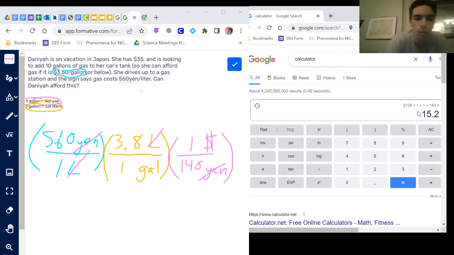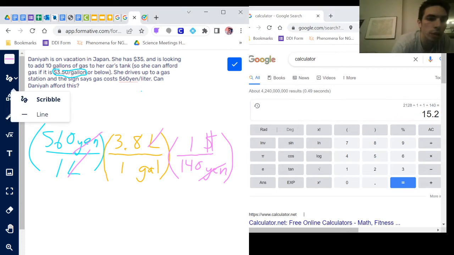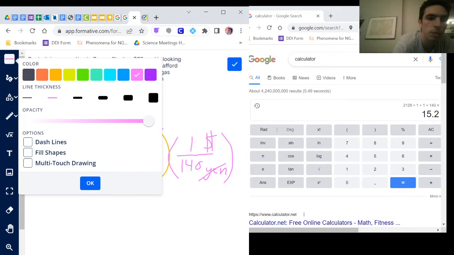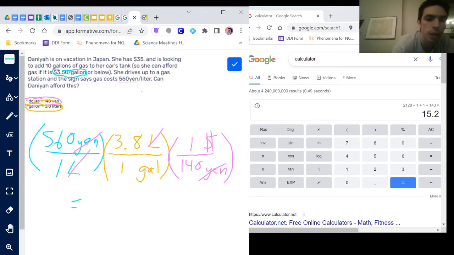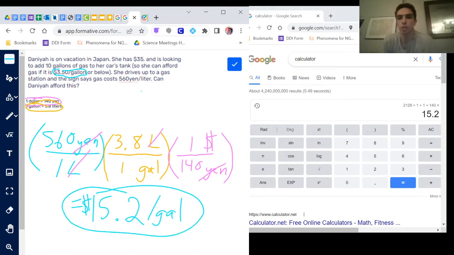Okay. And probably some of you are thinking, you could have skipped some of those steps, and you're absolutely right. I did not need to write any of the multiplying or dividing by 1, because we know that those don't actually affect the answer. But I did it just to be thorough.